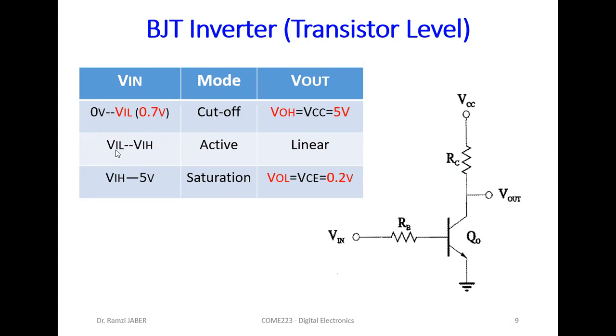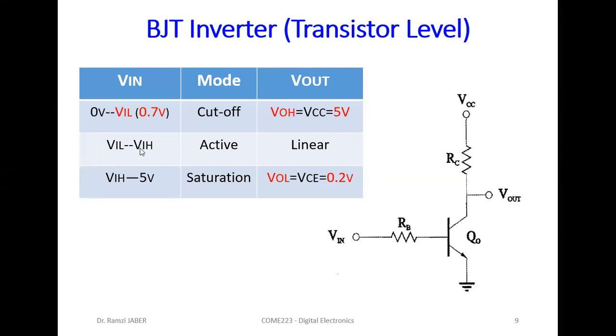After 0.7, between the input low of 0.7 and some value around 1.6 volt or 2 volt, less than 2 volt, the transistor will act in active mode, where the output will be linear, an amplifier.